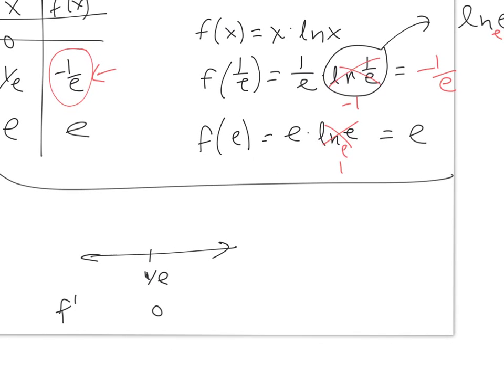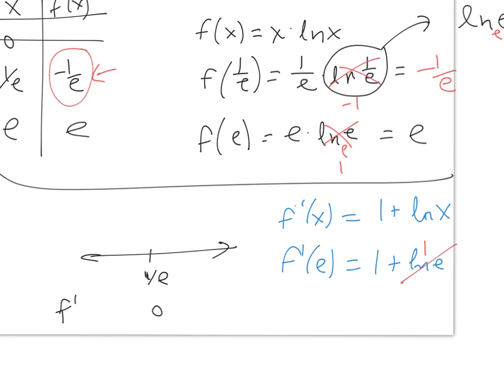So I'm going to plug in e, which is bigger, so f prime of e is 1 plus natural log of e. Natural log of e we said is 1. 1 plus 1 is 2, so I'm getting a positive. Since that's a positive 2, my function is increasing.